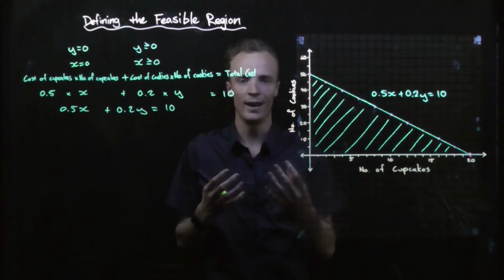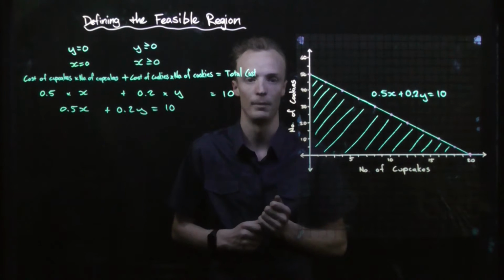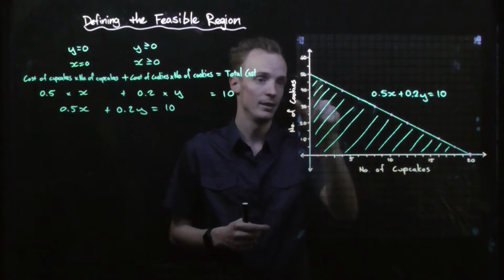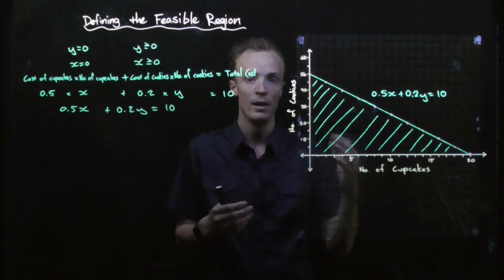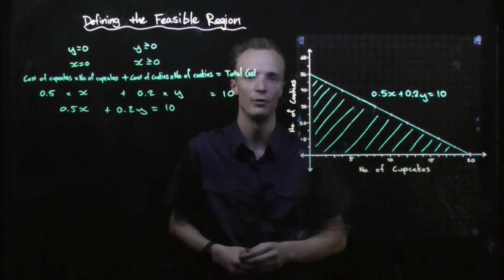So now that we've found the equation that represents our third boundary, what we need to do is work out where the feasible solutions exist in relation to this boundary. Are they equal to that boundary? In this case, the feasible solutions are on the boundary, so they are, but are they also greater than that boundary or less than that boundary?